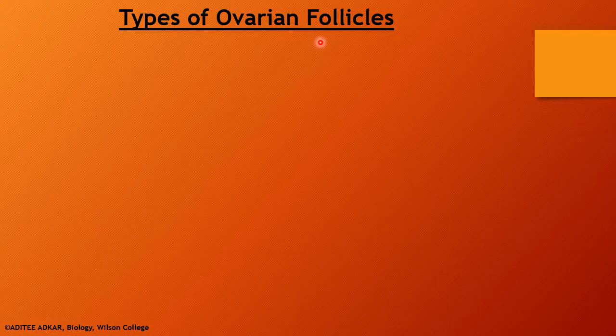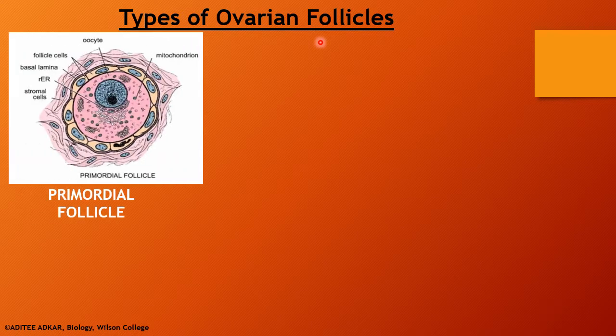Let us understand the different types of ovarian follicles. Firstly, the primordial follicle. This is the oocyte or the developing female gamete, and it is surrounded by a single layer of granulosa cells. This forms the primordial follicle.